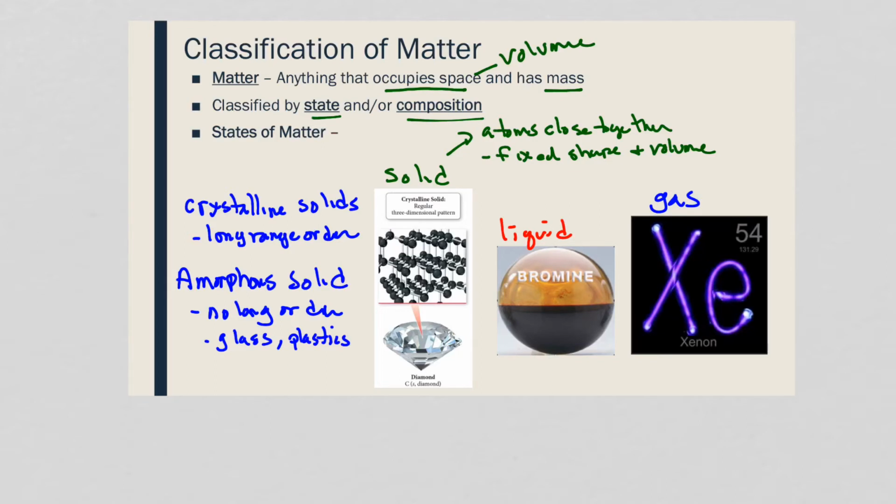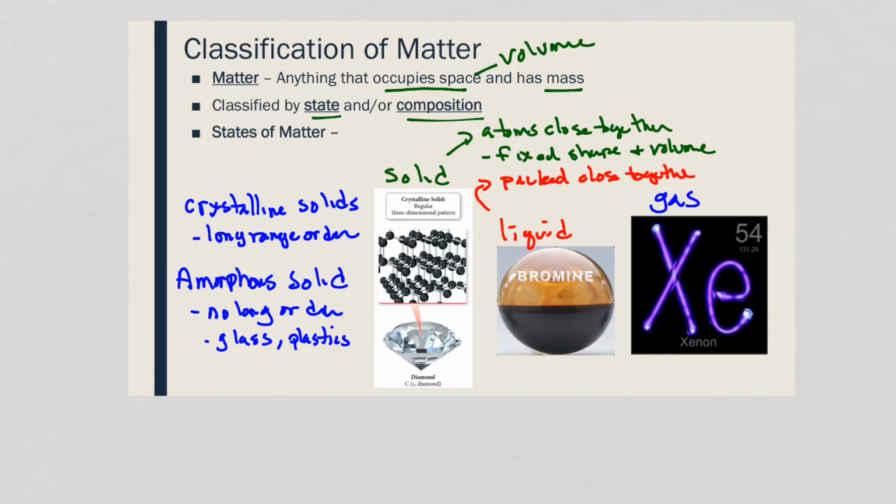Right? So it doesn't change its shape or volume based on where you put it. So if I have a round ball bearing, it's going to be a round ball bearing whether I set it on the table or put it into a 5-liter container or whatever. It's fixed. Now, if we compare that to a liquid, right? Liquids are also packed close together, right?